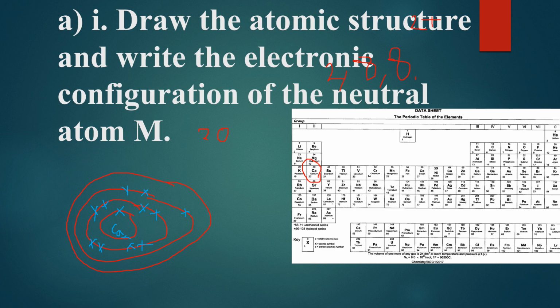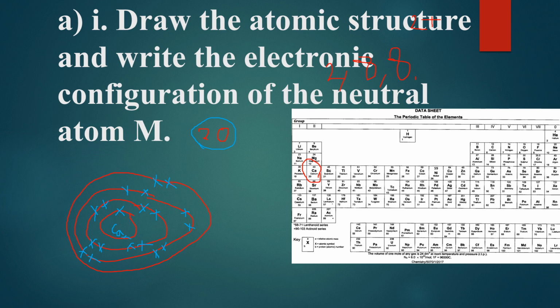In the second shell, the maximum is 8, and in the third shell, 8. Neutral calcium has 20 electrons, so let's count. First shell, 1, 2. Second shell, 1 to 8. Third shell, 1 to 8. The fourth shell has 1, 2.